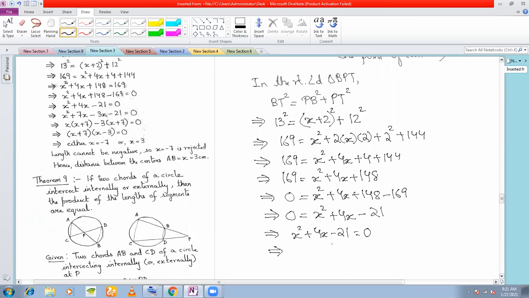Okay. Now you break 21 into two factors. What are the factors? 7 and minus 3, 7 into 3.